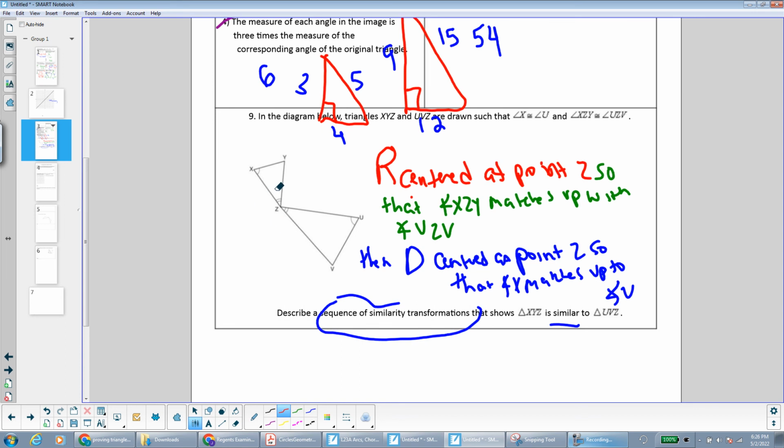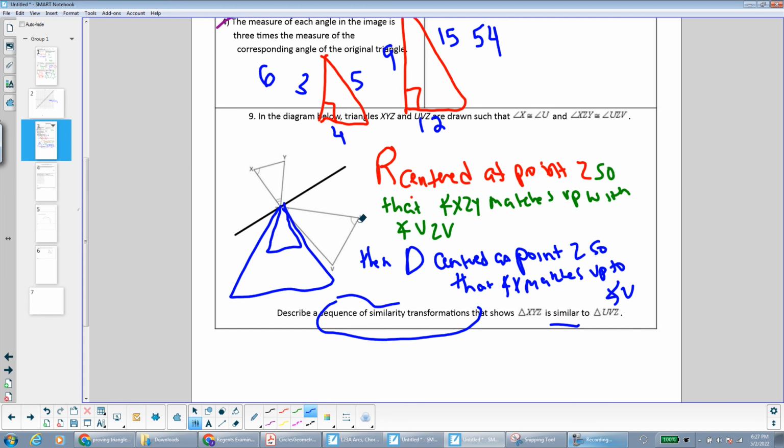Also, it depends on how you described it, but if you said reflect over point Z and then dilate, that actually wouldn't be correct, because if I reflect over point Z, I just want to show you guys, the image triangle would be over here. And then if you make it bigger, yeah, it would get bigger, but it would still be over here, not over here.